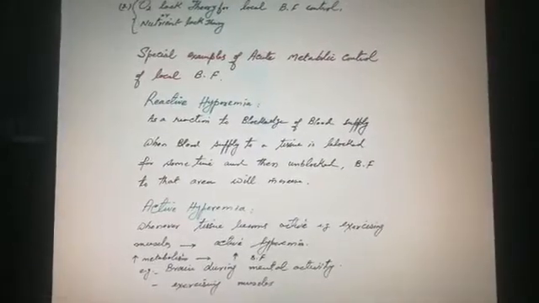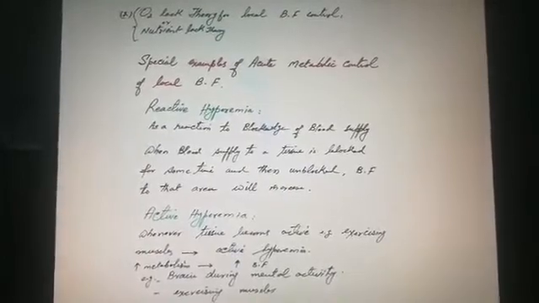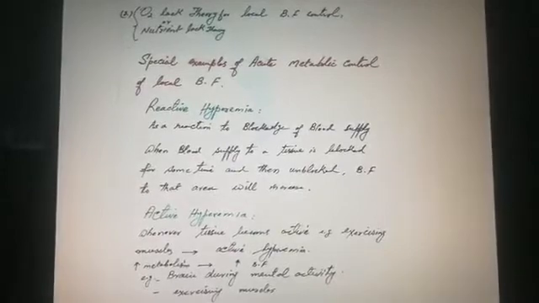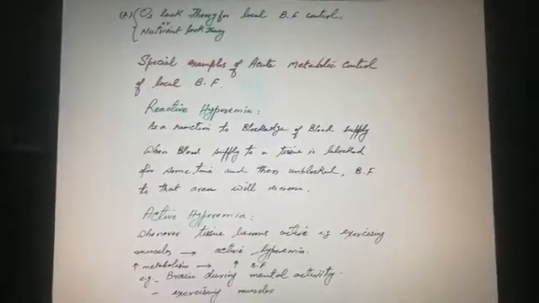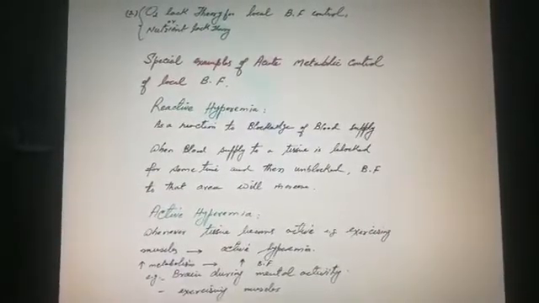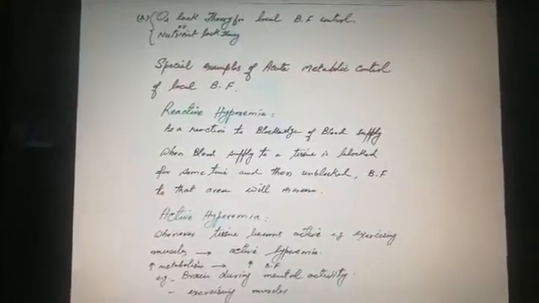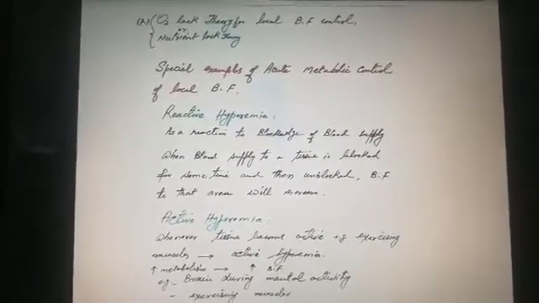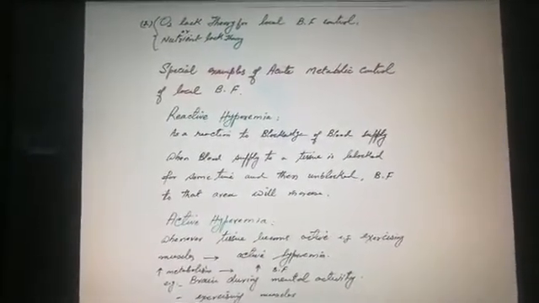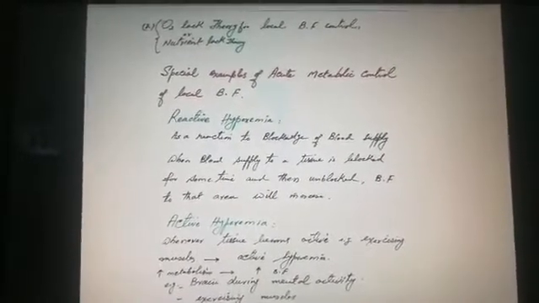Normally blood is flowing towards the tissue, but when we block that supply and then release that block, the blood flow to that area will increase, because when we block the blood flow the first time, there is more pressure of blood on the side of that blockage.